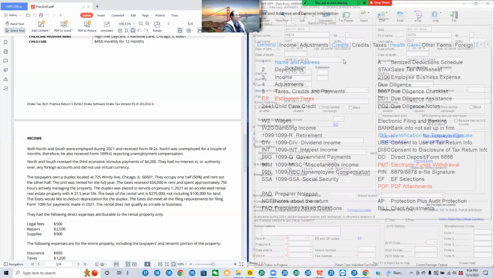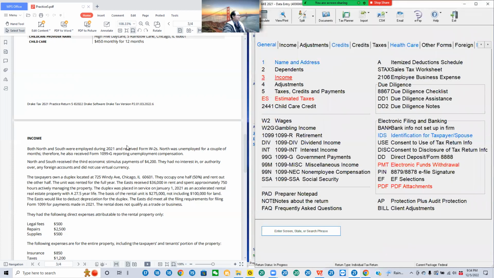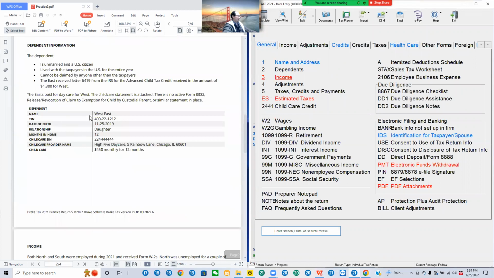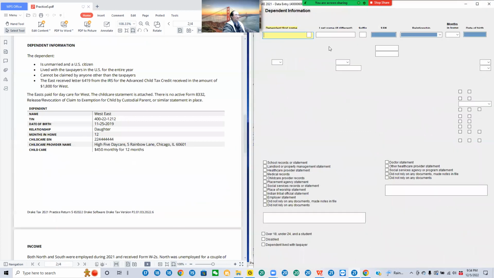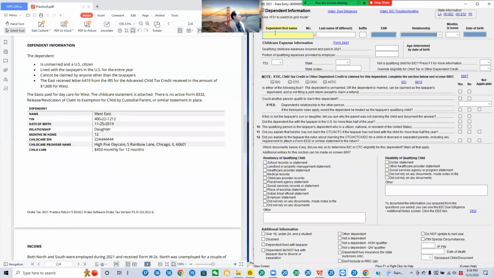Now the next question: there's a dependent right here, number 2. We double click it from here. West East, 400221212. It is a daughter.